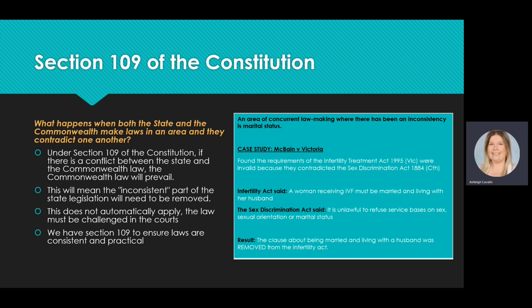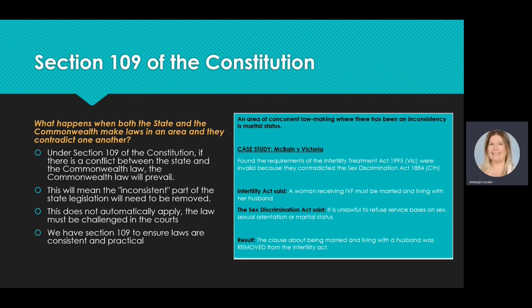Now, the Infertility Act said that a woman receiving IVF must be married and living with her husband. Well, the older Commonwealth law, which was the Sex Discrimination Act, said it is unlawful to refuse service based on sex, sexual orientation, or marital status. Essentially, Dr. McBain was in real conflict here.